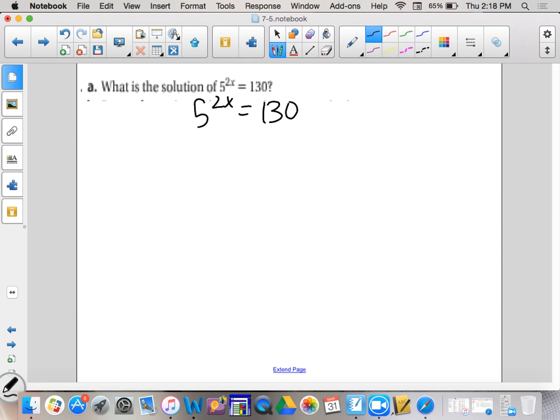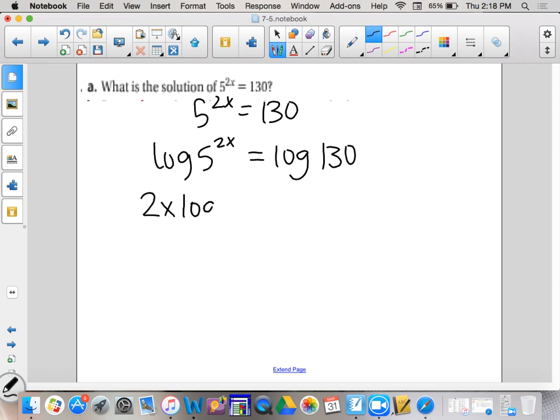So what do I do in that case? Log of each side. Next step. What am I trying to get by itself? That right there.